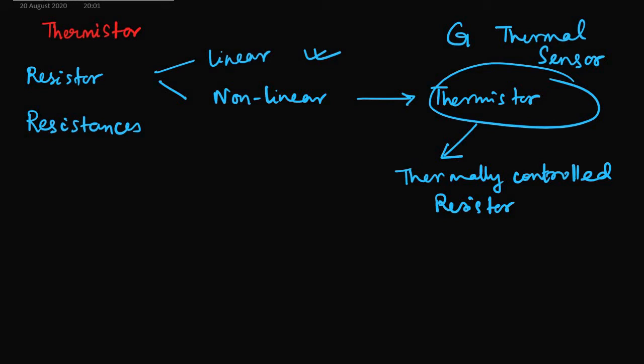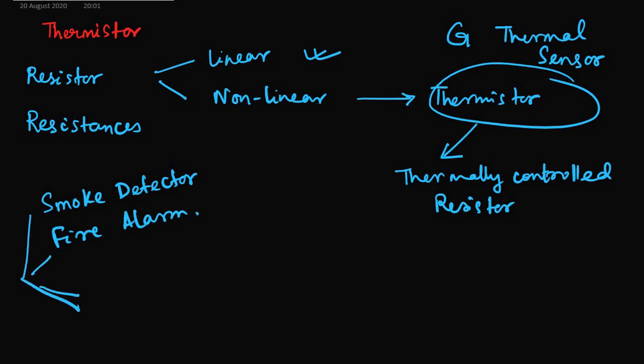You can see it in smoke detector, fire alarm, anything that is related to temperature. This is also used in our mobile devices, fridge, as well as any type of temperature controller you are seeing, that is a thermal sensor and a thermistor is being used.